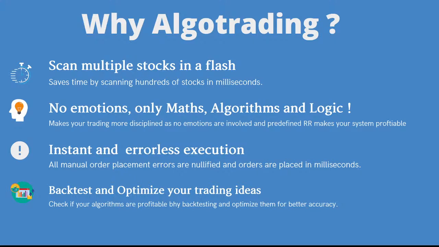Now, backtesting and optimization are two things which manually are almost impossible, right? So algorithmic trading is the future of trading. In fact, around 15% of retail traders have almost shifted to algorithmic trading in the last 1.5 years or so, and this session is also all about creating awareness on algorithmic trading.